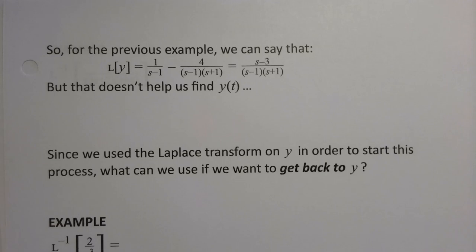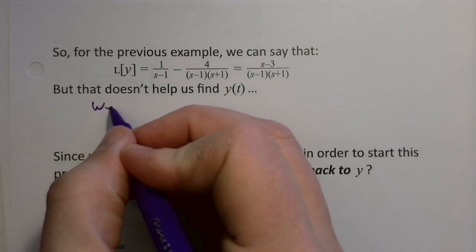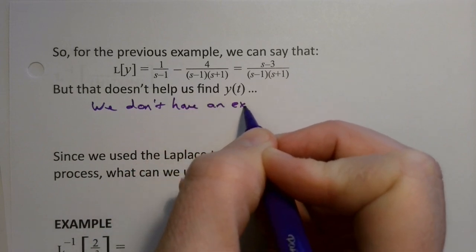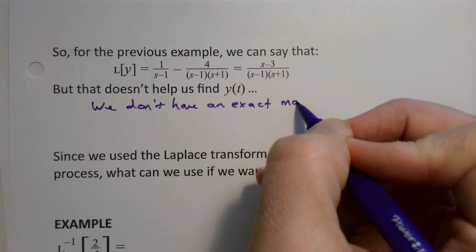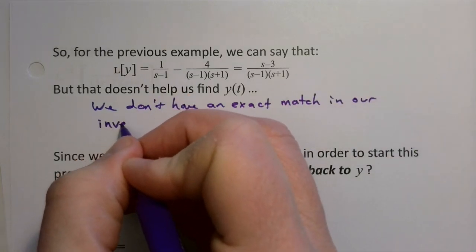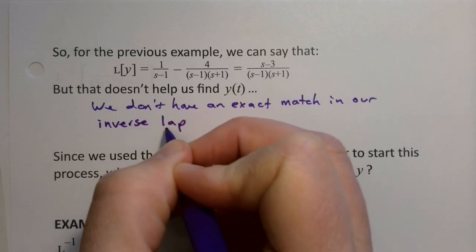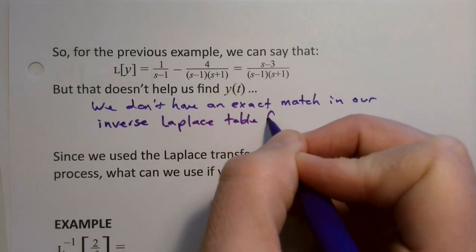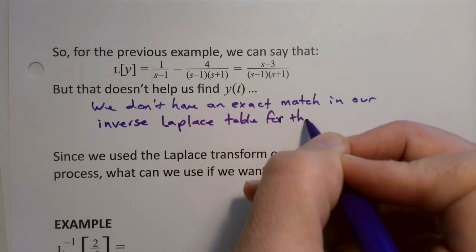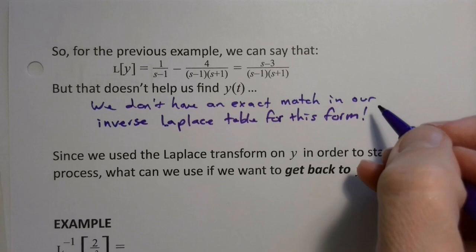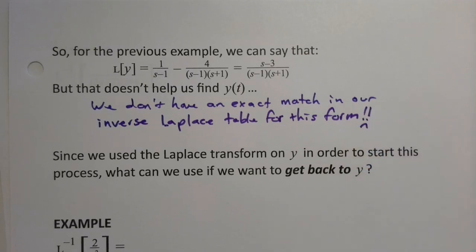But if you look at the table, we don't have an exact match in our inverse Laplace table for this form. So that means, unfortunately, we can't just use the table to jump right to a solution.